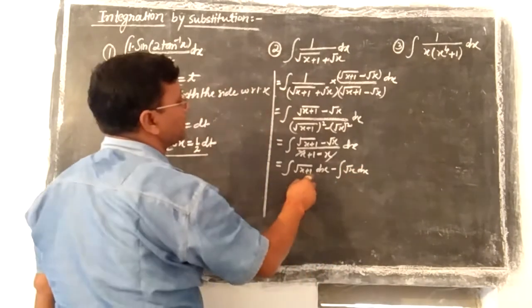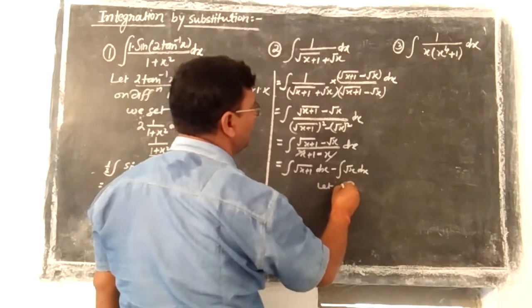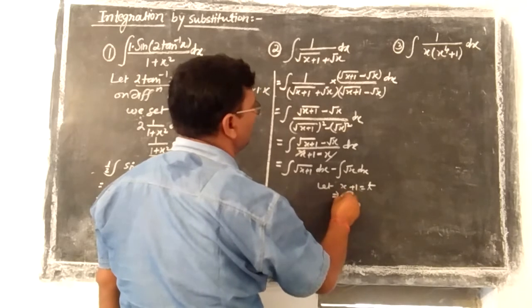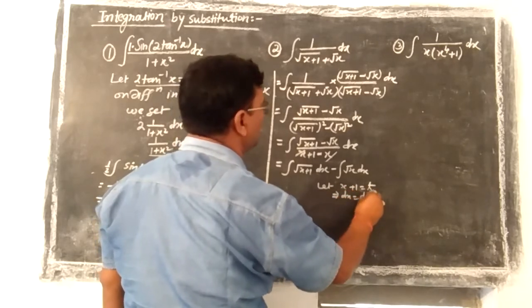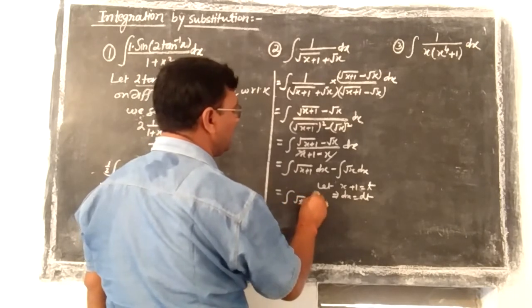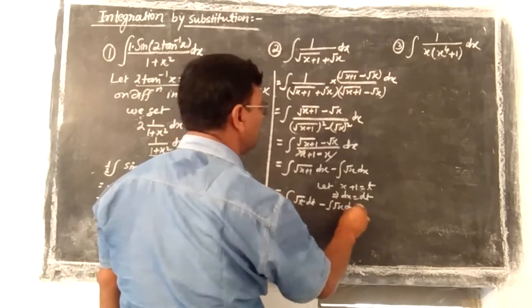Now let here x plus 1 is equal to t. This implies that dx is equal to dt. Therefore, it will be under root t dt minus under root x dx.